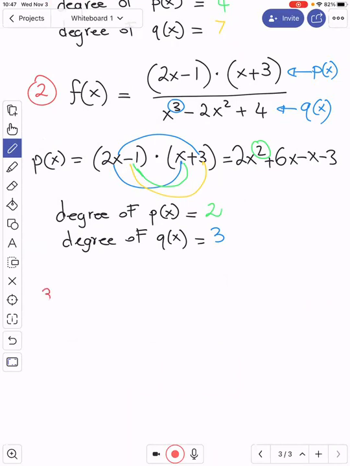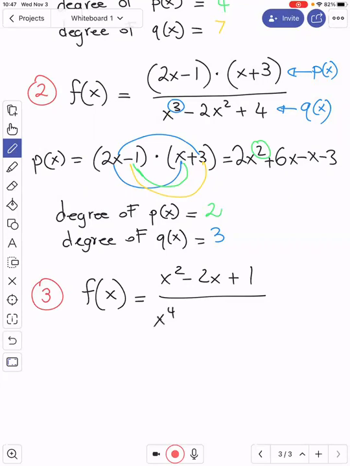So for example, if you take f of x, and you have x squared minus 2x plus 1, okay, this is good. But in the denominator, let's say you have x fourth minus x to the negative 2, plus 2x.